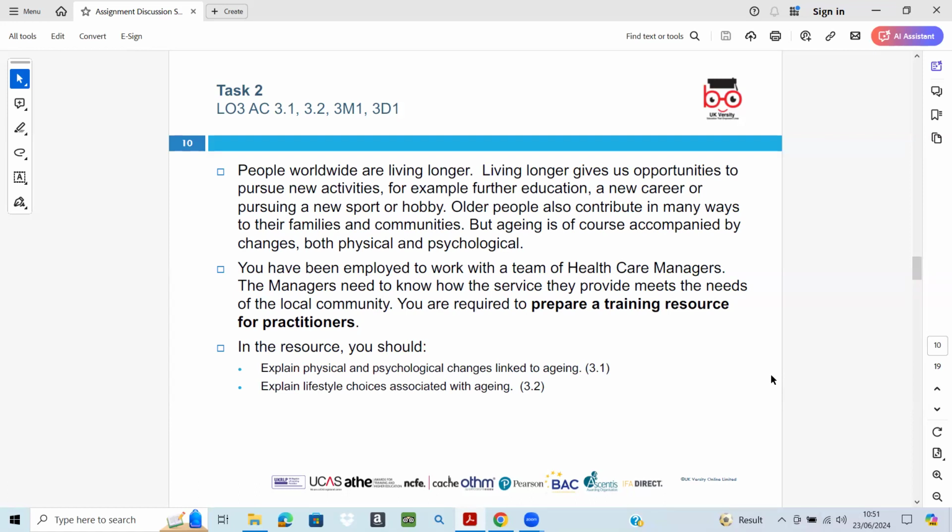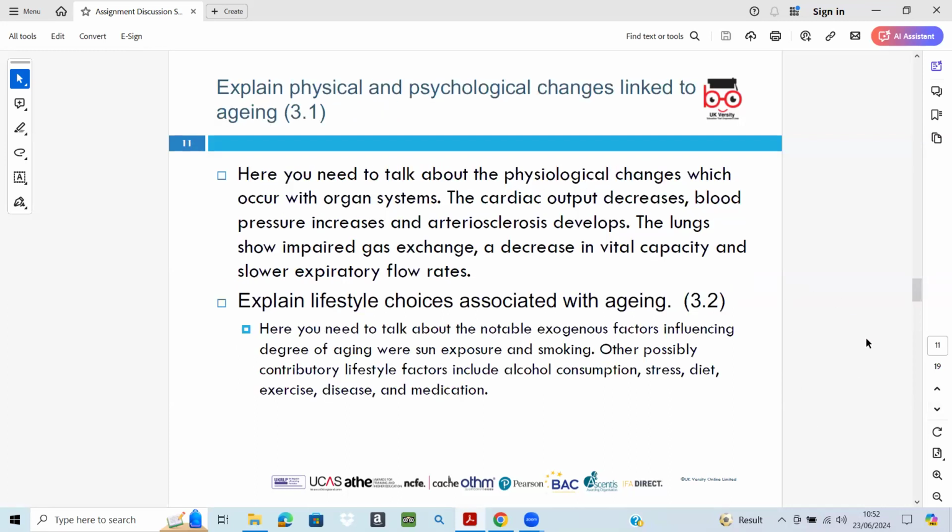We need to include some practical tips, best practices, and real life examples. If we include all these in our presentation, that would be great. Right, so that was all about this slide.